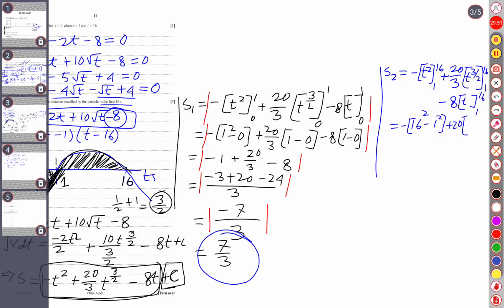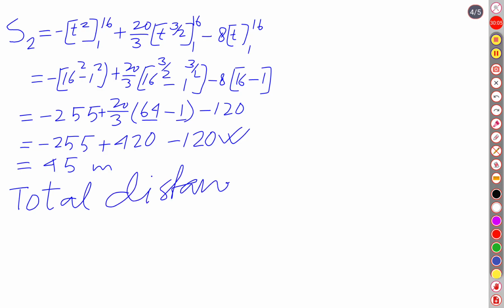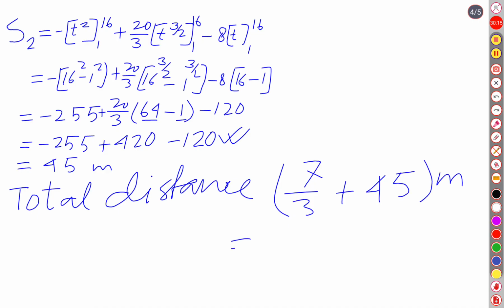Total distance: first there was 7 over 3, now 45 meters, so if we calculate, it is going to be 142 over 3.